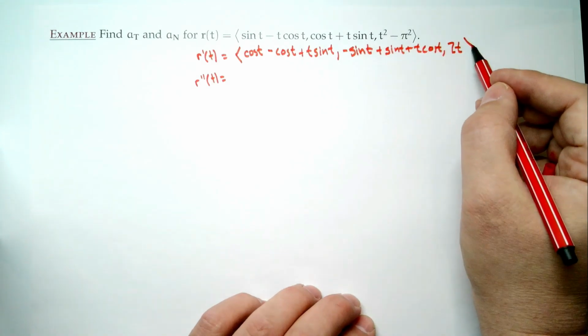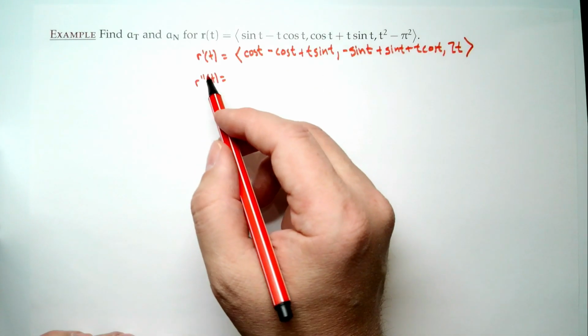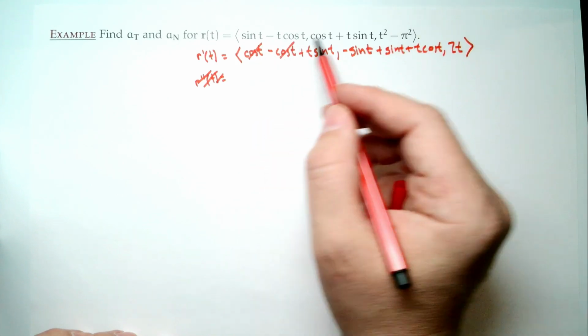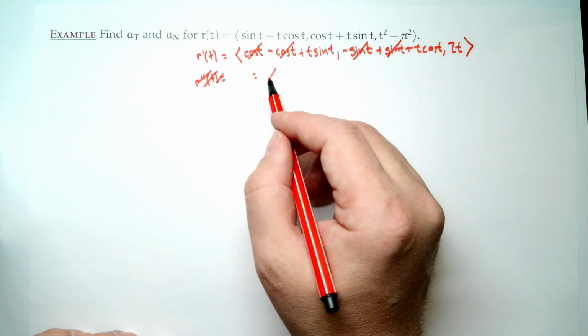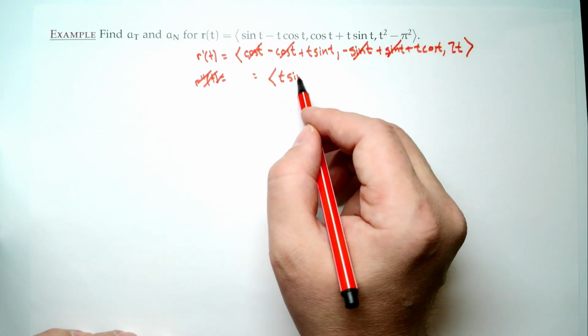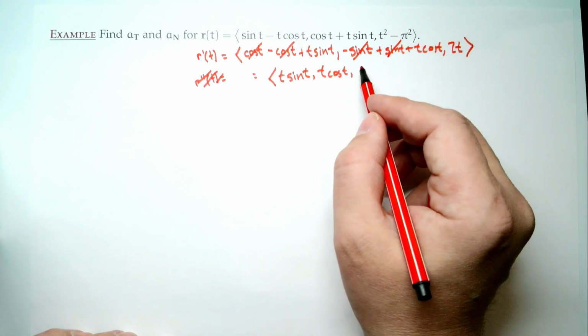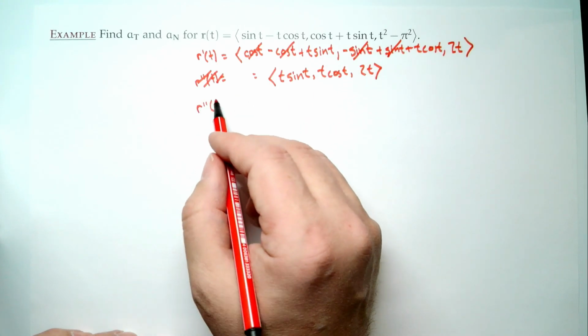Good, just checking if you're awake. Now, before I do r double prime, I should observe that this is set up to simplify. It's really t sine t, t cosine t, and twice t. Okay, now I can talk about r double prime.